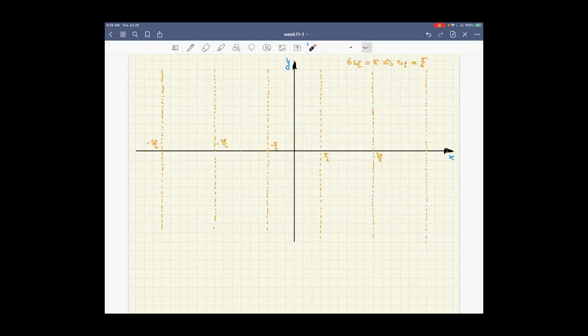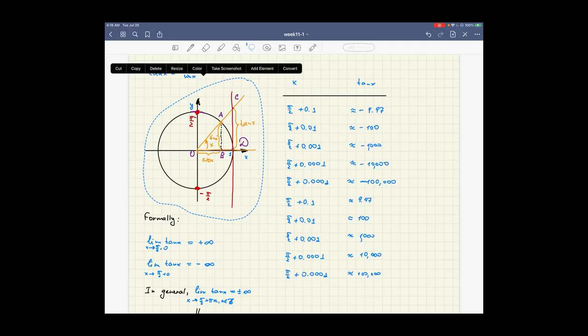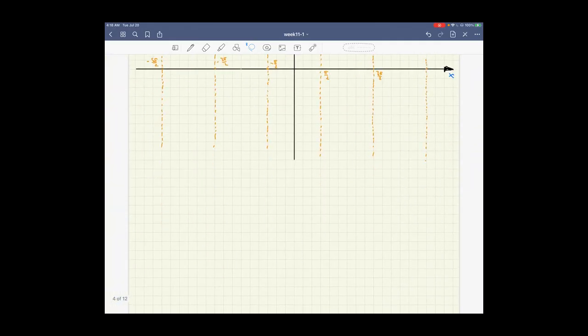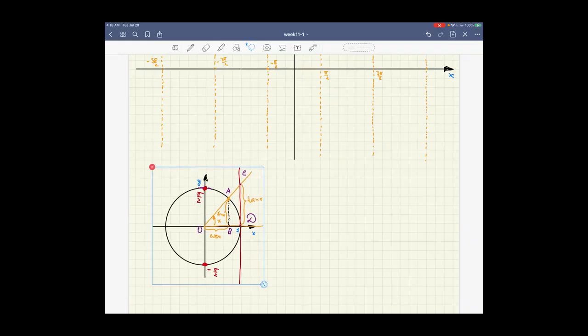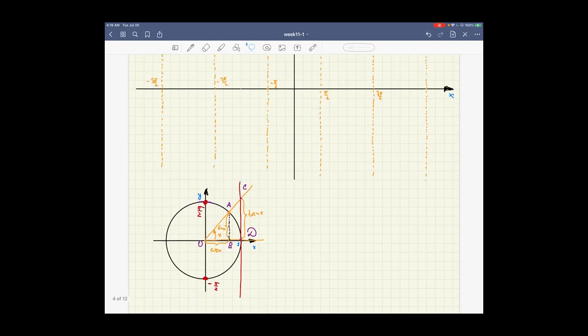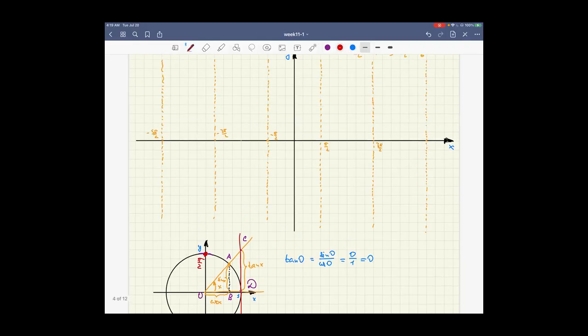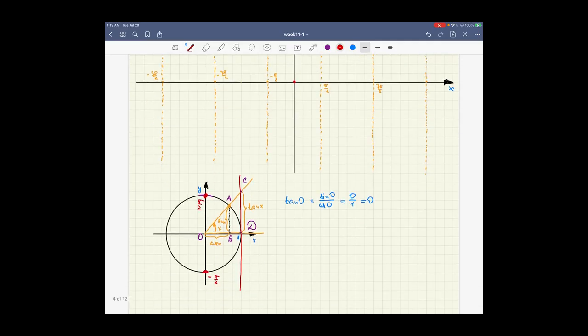So how does tangent look like between 0 and pi over 2? Let me copy this picture again. So let's think. Tangent of 0 is 0. That is because sine of 0 is 0 and cosine of 0 is 1. What happens then in the first quadrant?